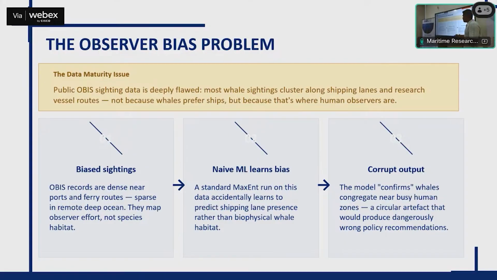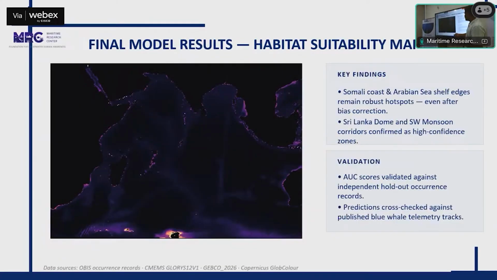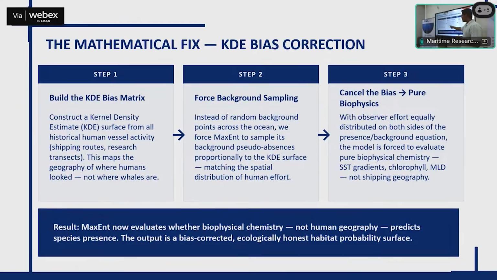For that, we worked on new mathematics. We used a kernel density estimate, in which we take the region where humans have looked, and not where the whales actually are. Then we force the background sampling, instead of random background points. We force the maximum entropy model to sample its background as pseudo-absences proportionally to the KDE surface.